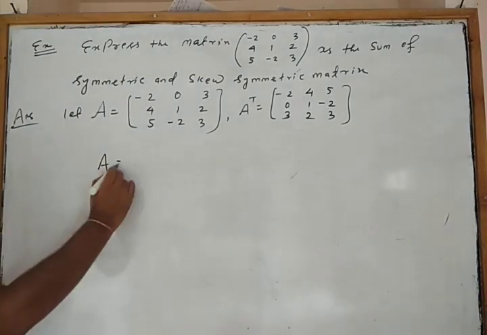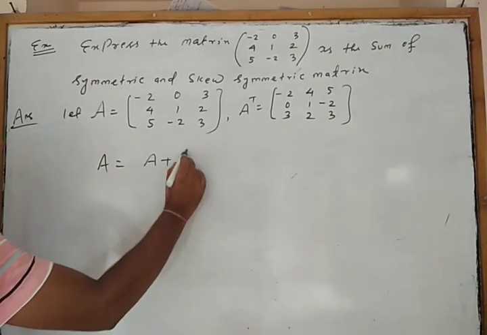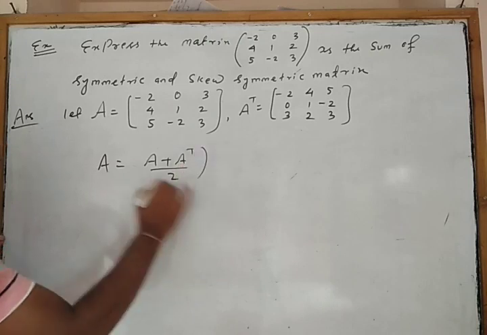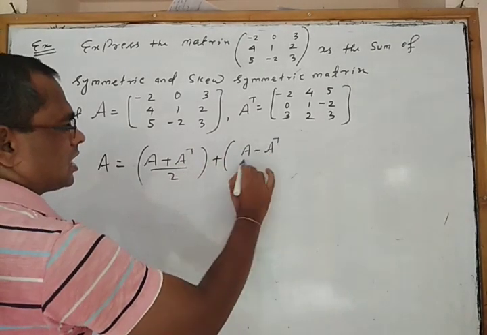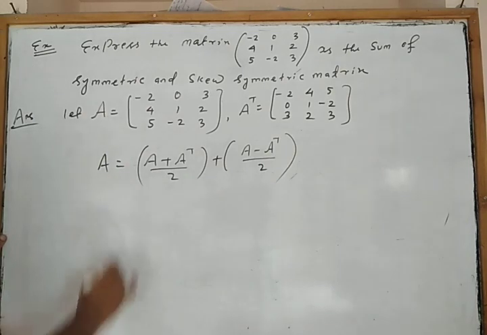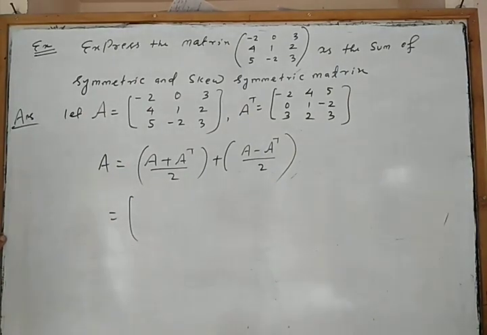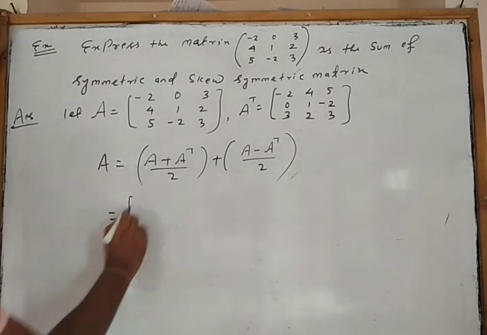So A is equal to (A plus A transpose) by 2 plus (A minus A transpose) by 2. Substitute the matrix A and A transpose.